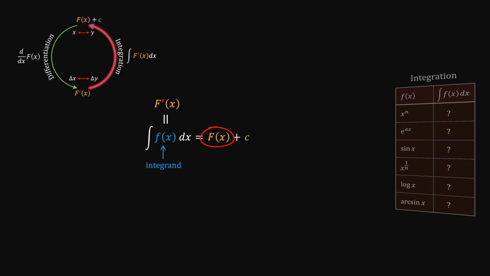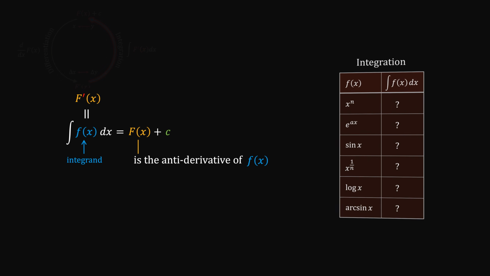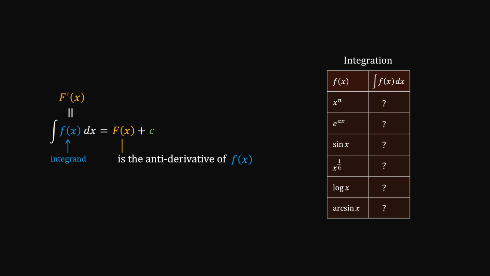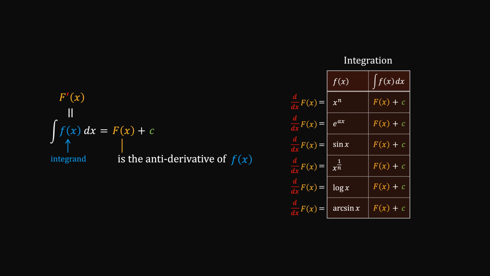That someone, big F(x), is called the antiderivative of small f(x). Hence, for integration of these fundamental functions, we will try to find out their antiderivatives. That is, which function, when differentiated, will give us such integrand. Then that's the answer, plus some constant.